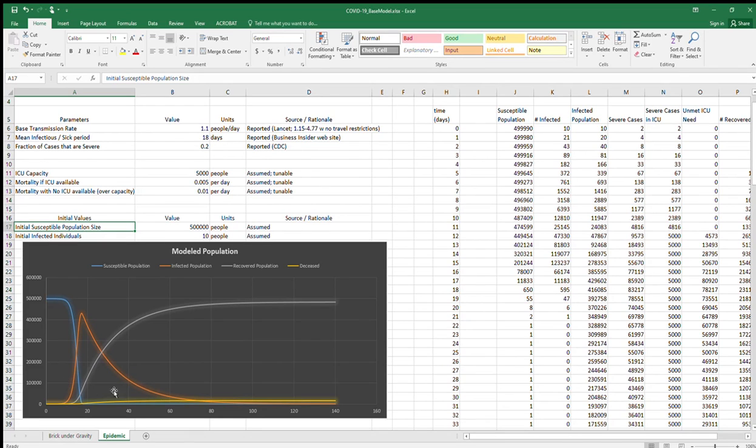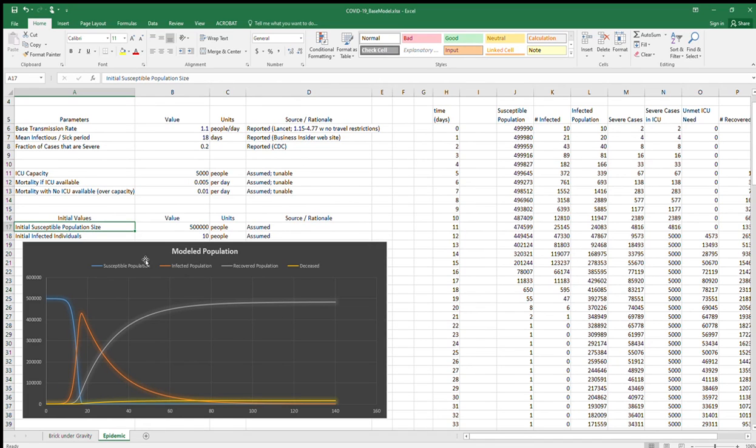It could be that this graph looks very similar to what was observed in that situation. It may be that this differs in some subtle way or in some meaningful way. And if it differs in a meaningful way, we're probably going to need to adjust our model to account for something that we've ignored in the simplistic way that we've put all these populations together. If it looks similar, maybe we've captured all of the relevant components.